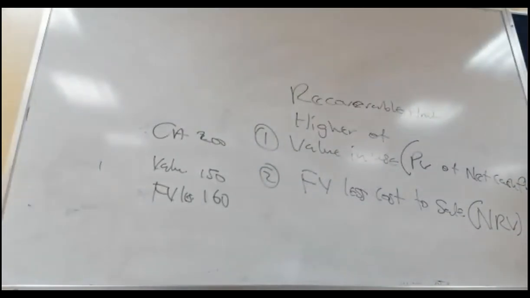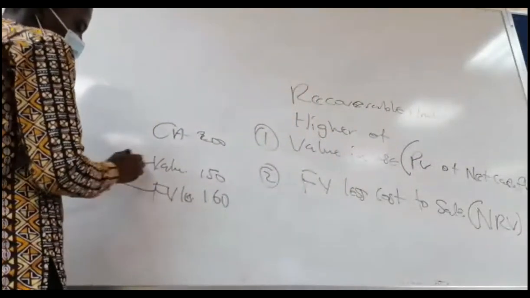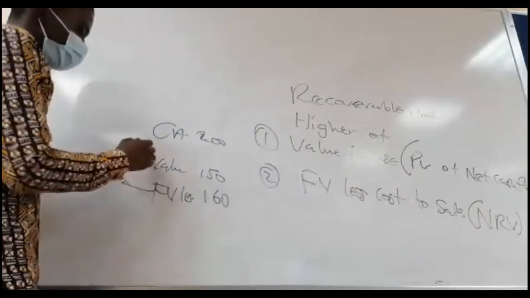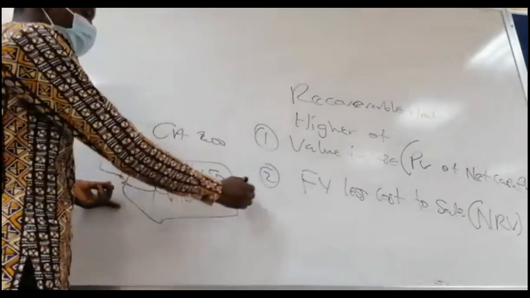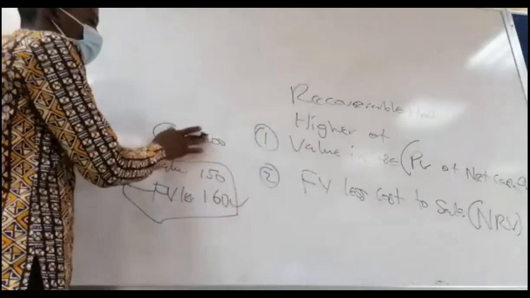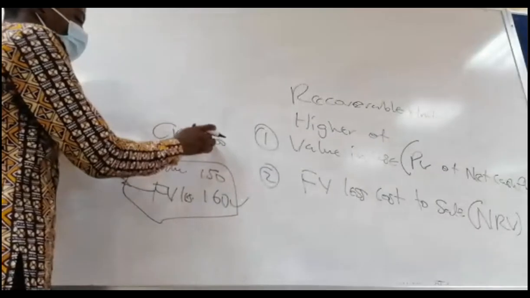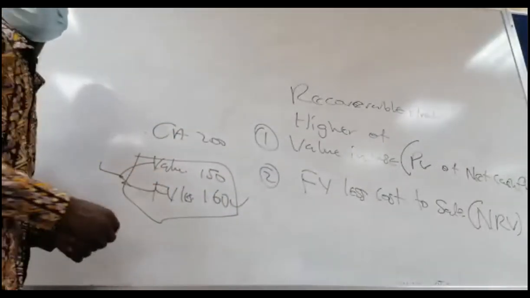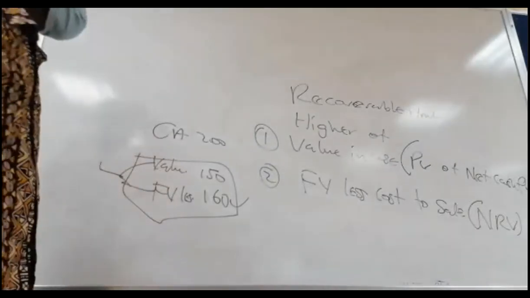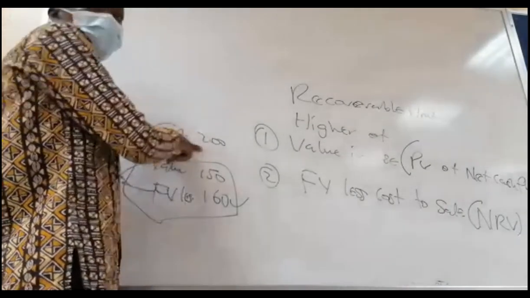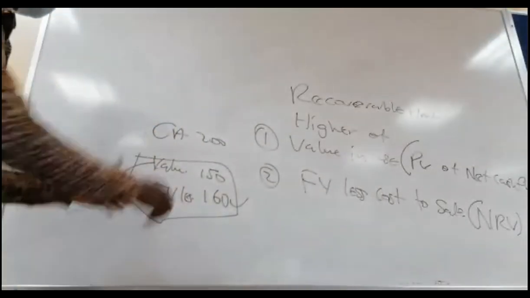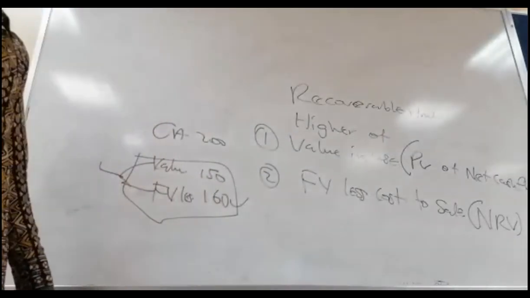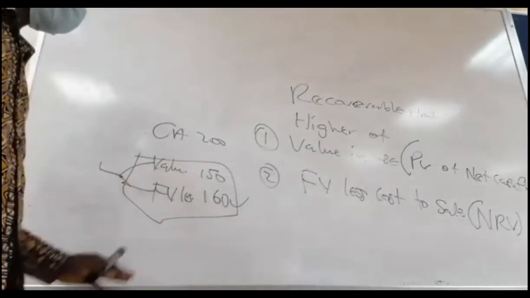First, you compare the fair value less cost to sell, which is 160, to the value in use to get the recoverable amount. So the recoverable amount is the higher, 160. The carrying amount is 200 and the recoverable amount is 160. So the asset has been impaired by 40, because we can't get the 200 back. We should recover 200 to break even. Good, so basically that is it.